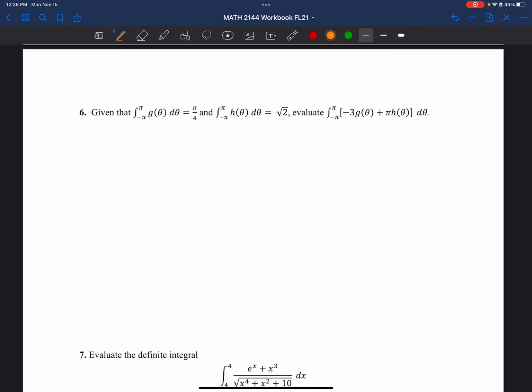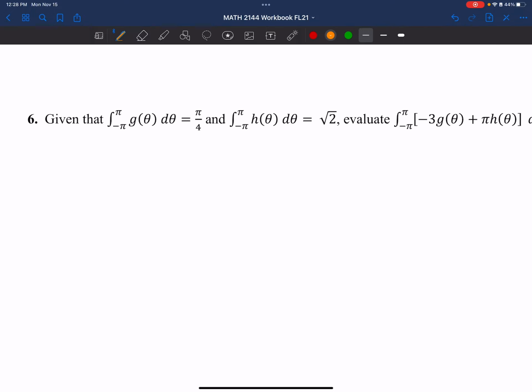So this right here looks pretty nasty, but it's just because we're not used to dealing with theta. So notice here that we're looking at d theta. So our variable here is going to be theta. So we're going to consider the integral from negative pi to pi of g of theta. Oh, let's see. We're given that.